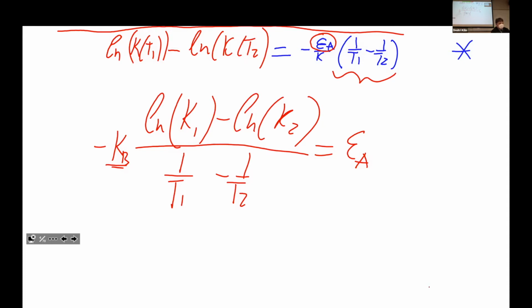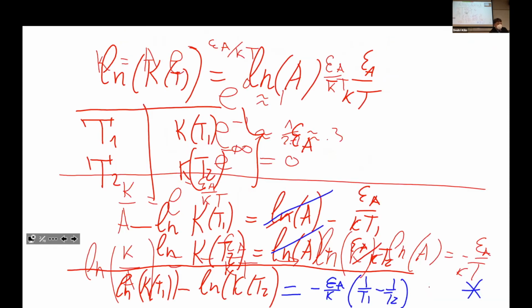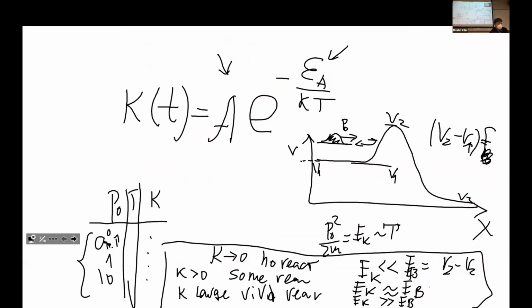But if you just extract this number out of your two data points, it will be a very interesting thing to compare with the barrier height. And the expected result is that the activation energy will be lower than the barrier height.